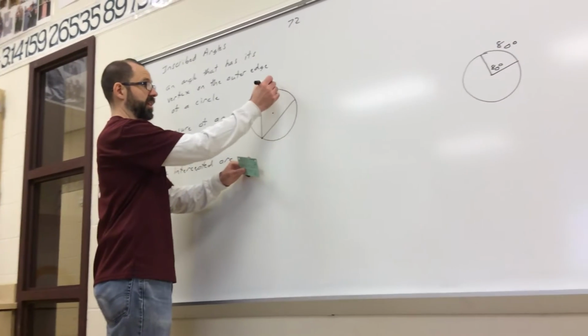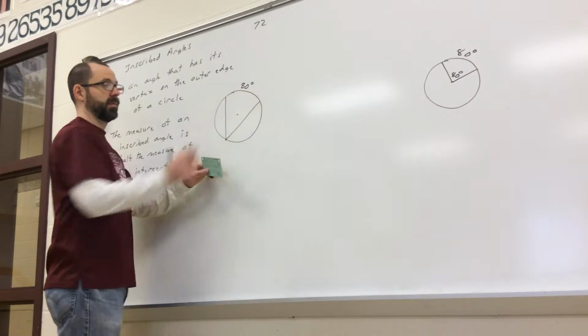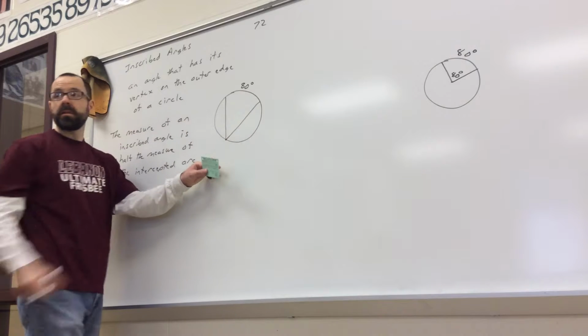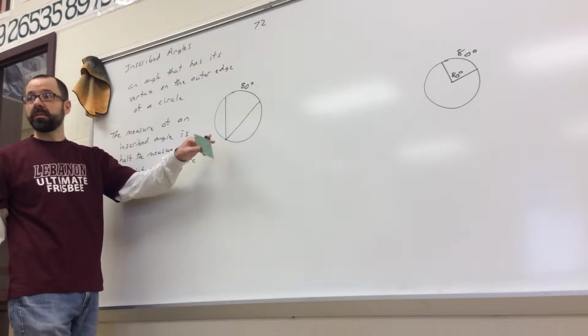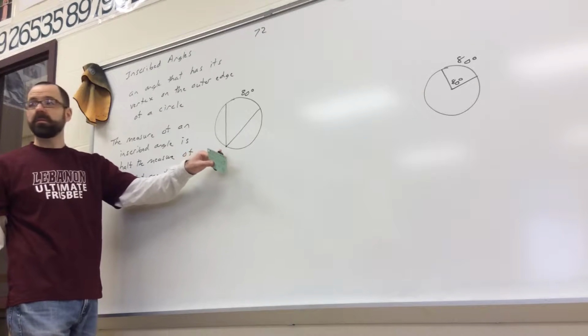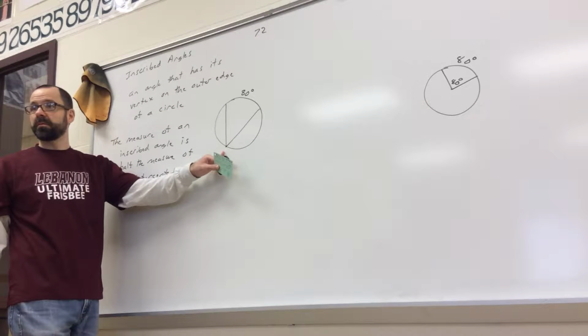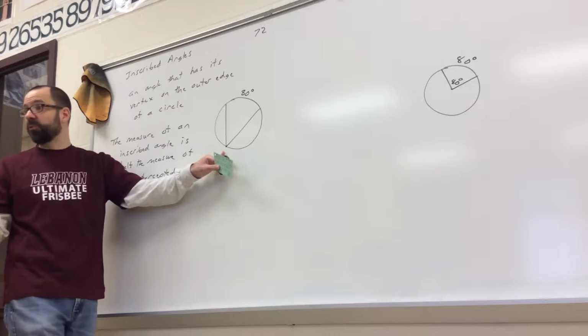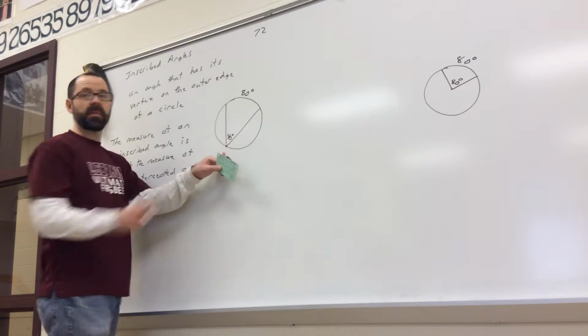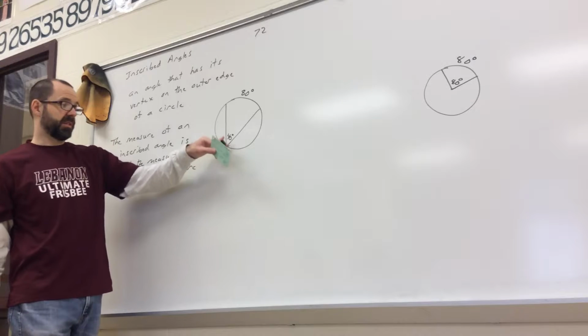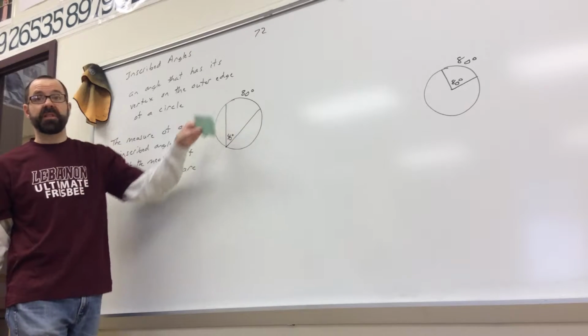So if this arc is 80, then how big is this angle? Half, right? So 40 degrees. Because the inscribed angle is half the intercepted arc.